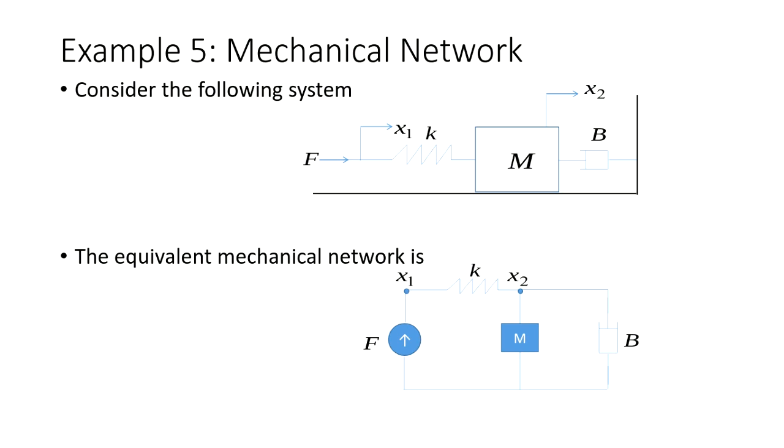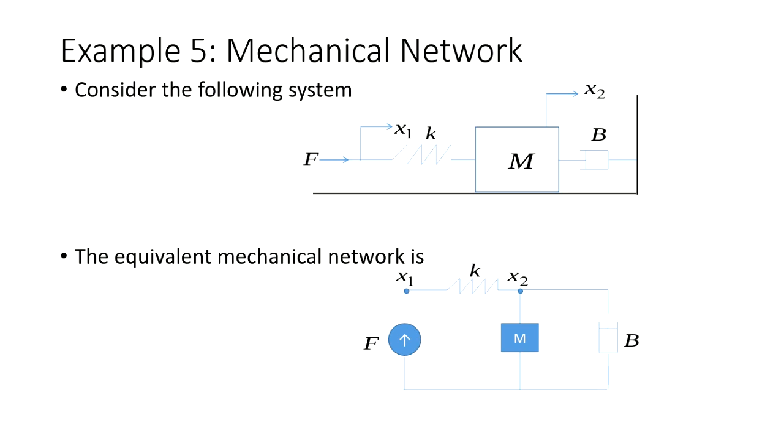Now consider this mechanical network, where you have F, x1, the spring constant, the mass, x2, and the damper.